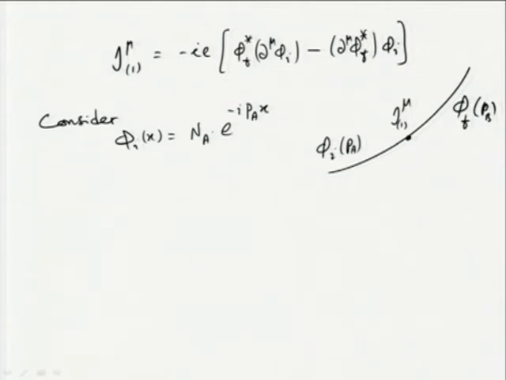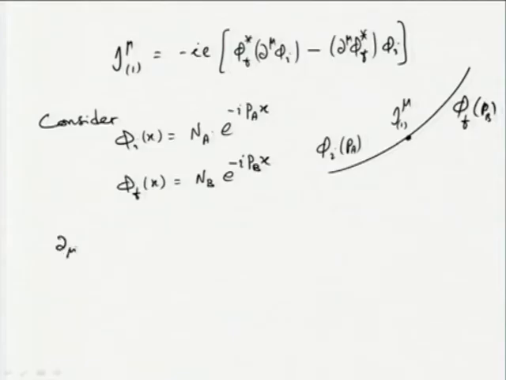So, N_a is the normalization constant, p_a is the momentum associated with this, and phi_f similarly is N_b e to the power minus i p_b x.